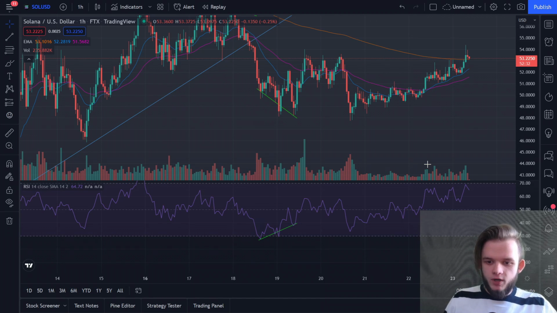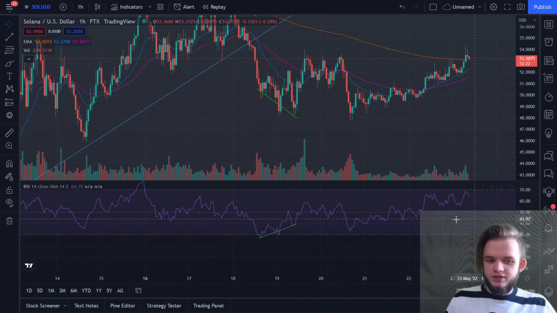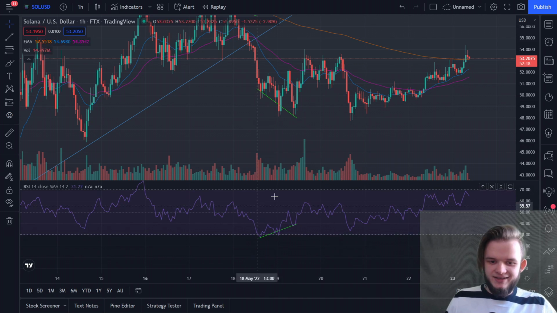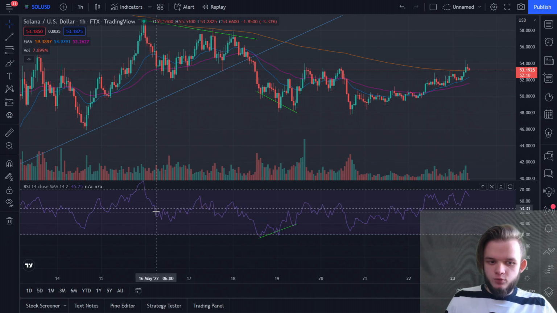I know there are so many haters of these indicators who say that any indicator is just a derivative of the price we're seeing, but still, indicators are working. We can see a lot of technical figures in here that are easier to see than on the price.